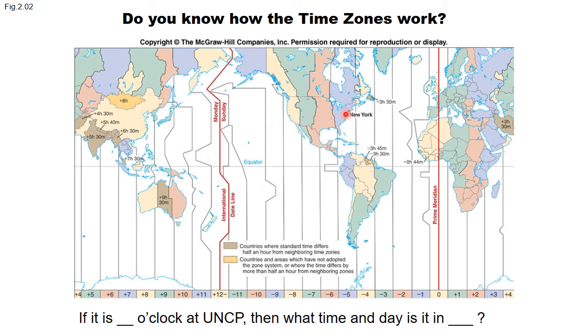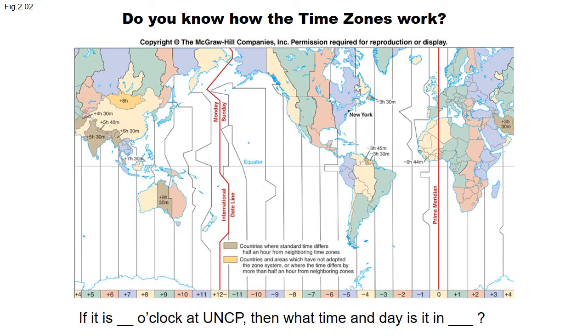If it's 11 o'clock in the morning in Pembroke, what time is it in Chicago? Well, then it's an hour earlier, so it's 10 a.m. How about in Denver? Then it's 9 a.m. And how about out in California? Then it's 8 a.m. And so you just keep going. You subtract an hour.